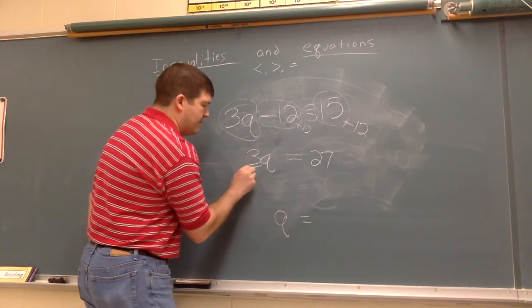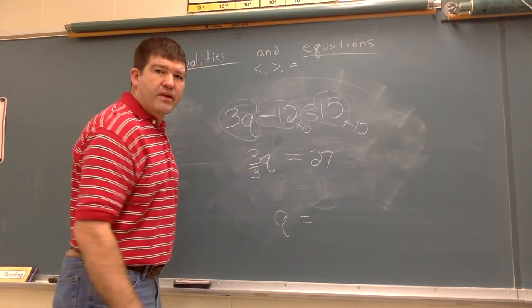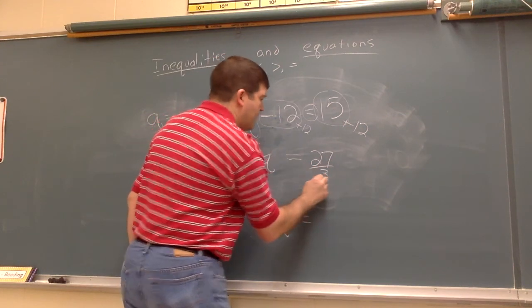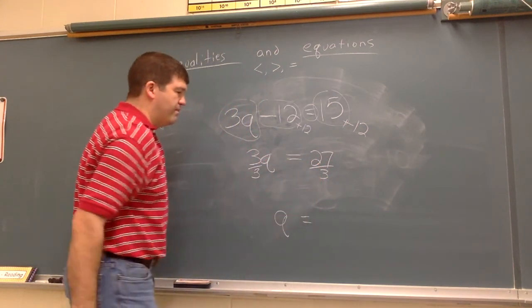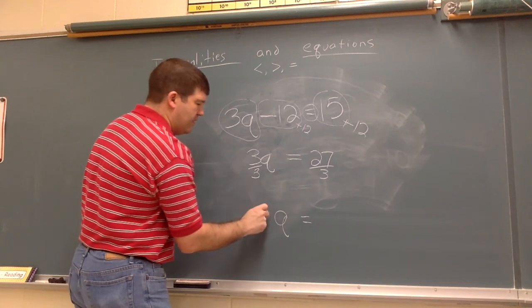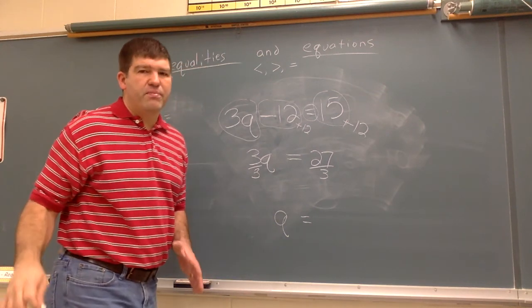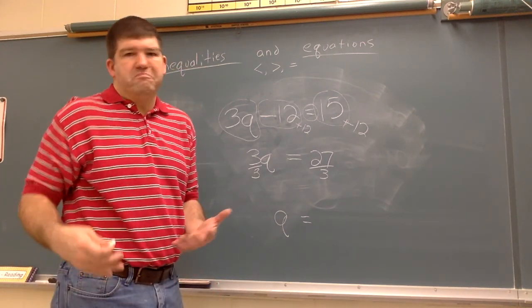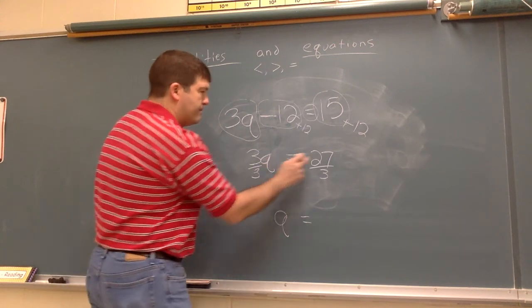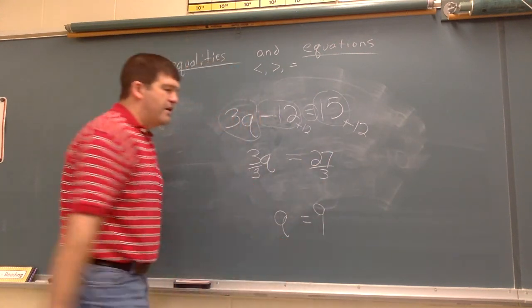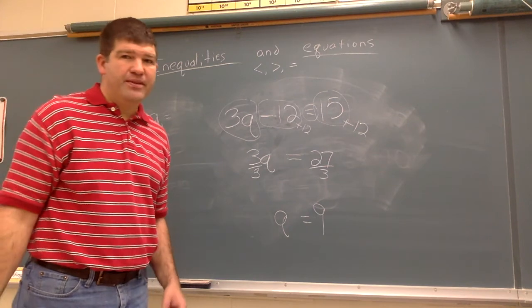It's times, so I'm going to divide it by 3. And if I divide this by 3, this by 3, then I get down to q. That's just 1q. I never have to put the 1 in front of q because it's just q. 27 divided by 3 is 9.